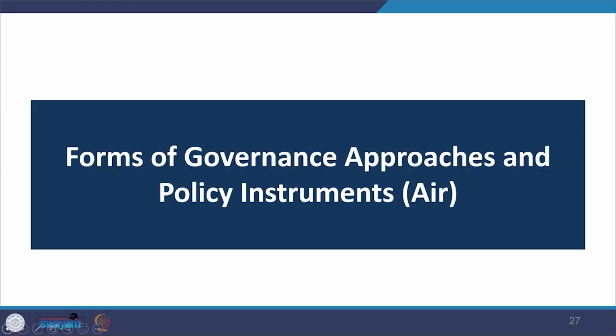Now looking at the forms of governance approaches and policy instruments, particular to the air domain. In order to tackle the air pollution problem, a range of governance approaches and policy instruments are used. We use them for mitigating the source from where the pollution is coming, so we need to reduce that. How do we really mitigate the source?